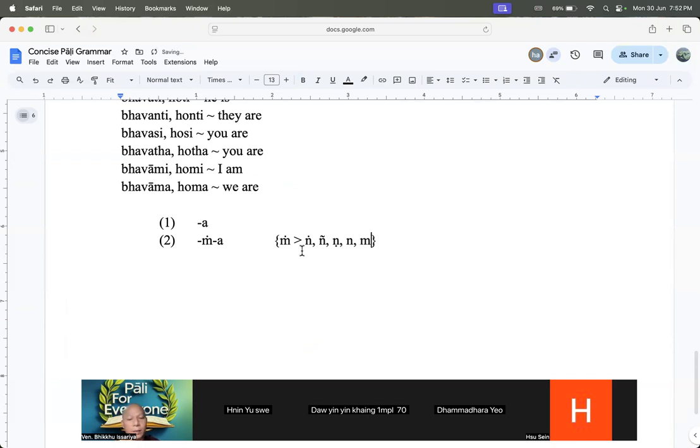So that later can be changed to that one. So that one later we will learn. Not so many. Okay. And then next group is so here 7 sign.